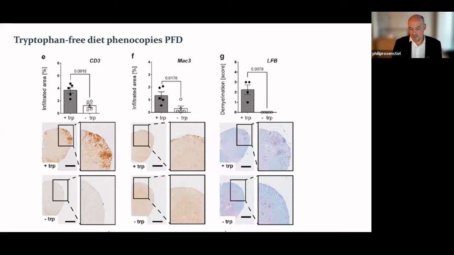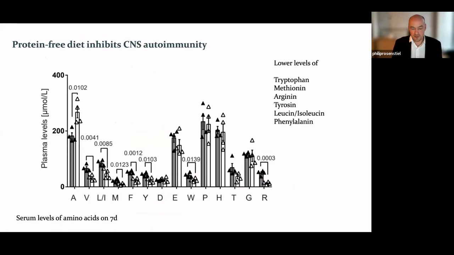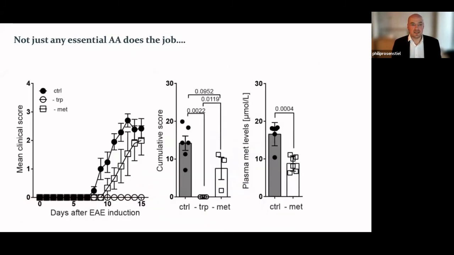Now, does any essential amino acid do the job here? Because when you reduce protein, you reduce the availability of essential amino acids, and thereby probably you cannot mount an immune response because you need normal amino acids to mount an immune response. And that's definitely not the case.